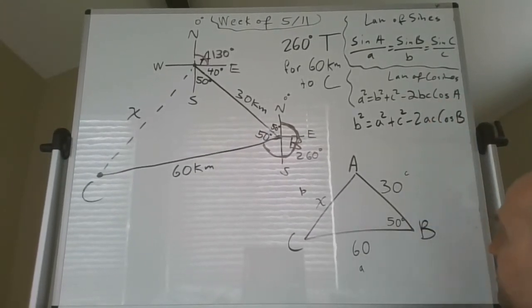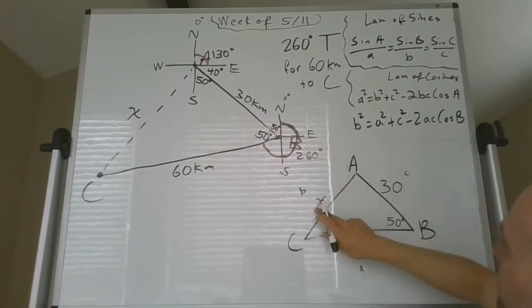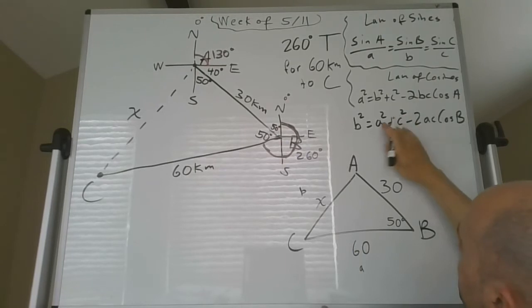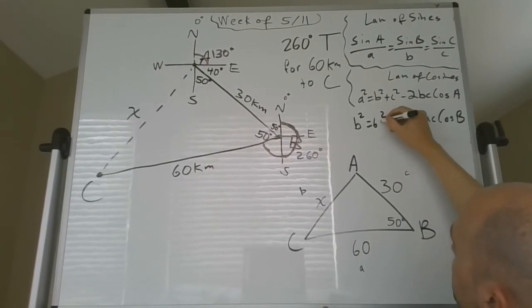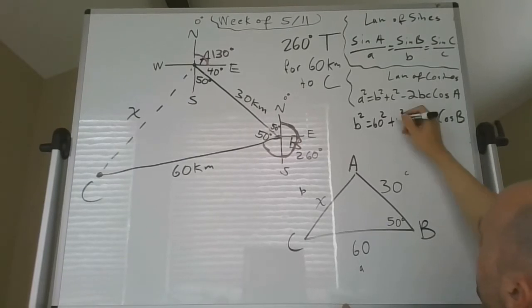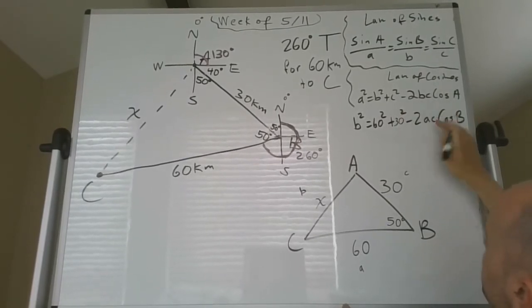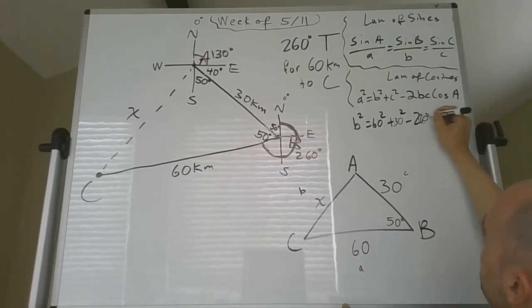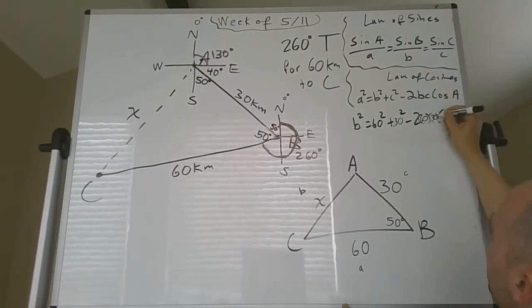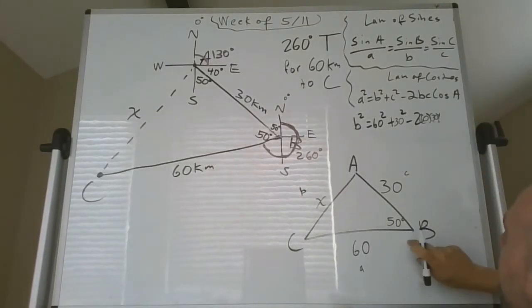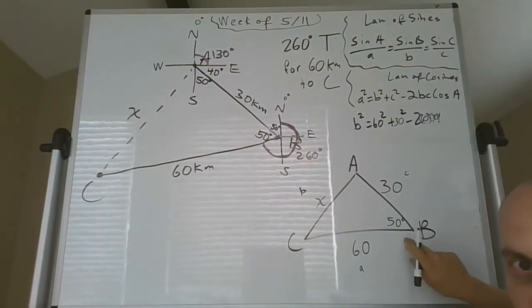Okay, so now I'm just going to plug that in. B squared equals A squared, which is 60 squared, plus C squared, which is, in this case, 30 squared, minus 2 times AC, which is 60 times 30, and then cosine of B, cosine of 50.